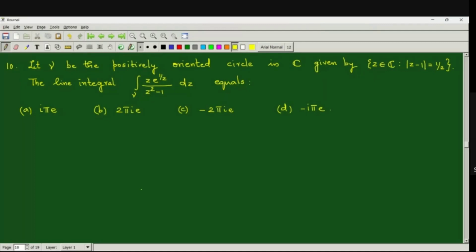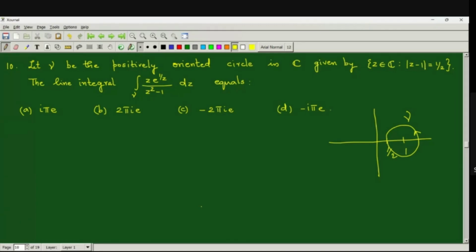See this. This is really easy, you can do it. Gamma is a positively oriented circle in C given by this thing. What is actually that circle? Center is 1, radius is 1 by 2. This is gamma. Now calculate this integral.